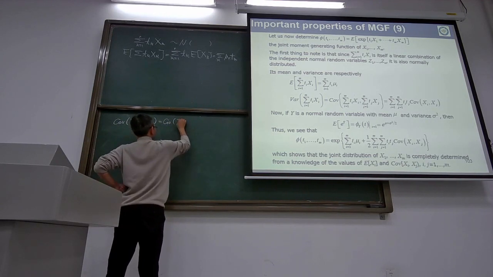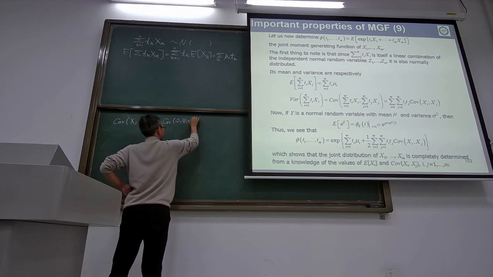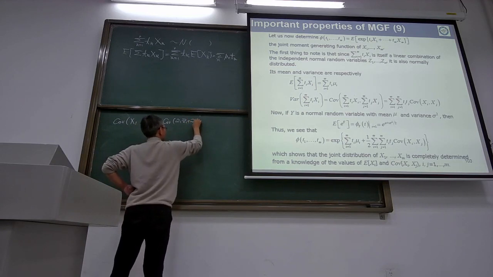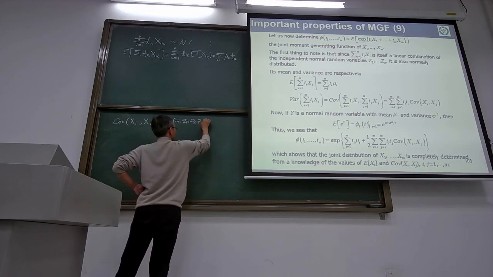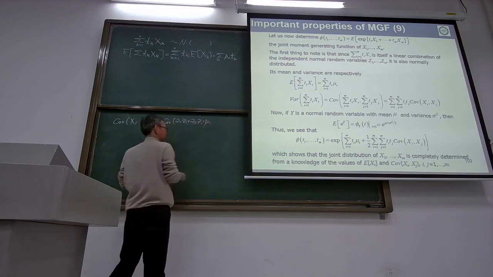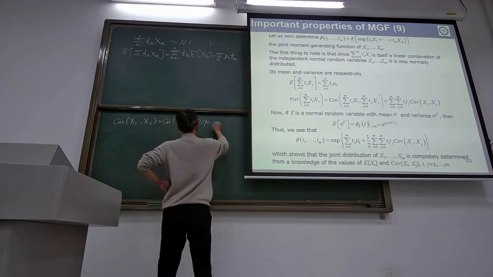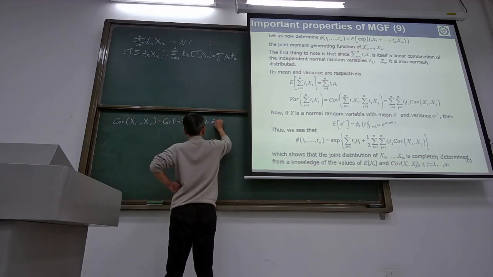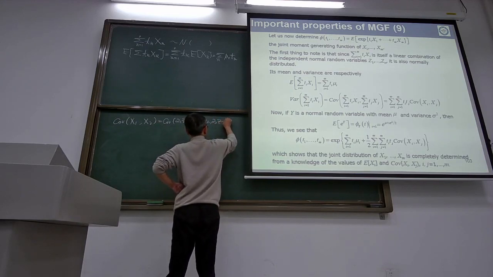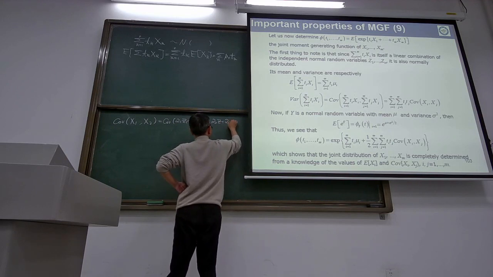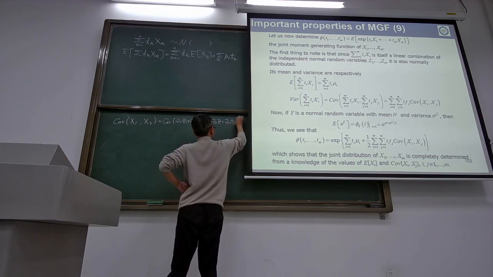This gives alpha 1 1 z1 plus alpha 1 2 z2 plus mu 1, and alpha 2 1 z1 plus alpha 2 2 z2 plus mu 2.